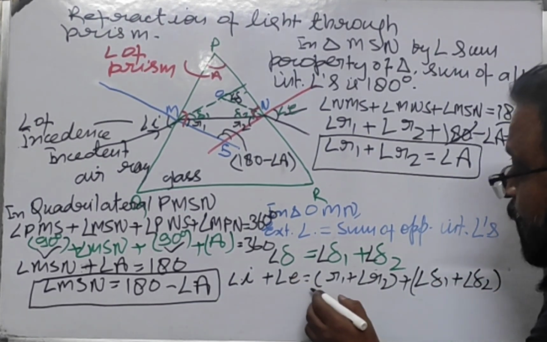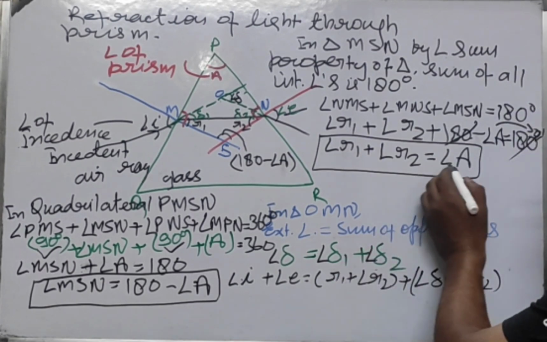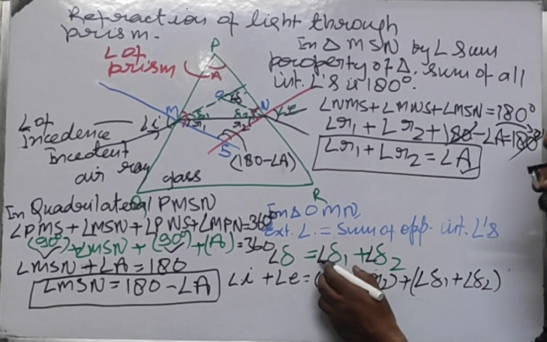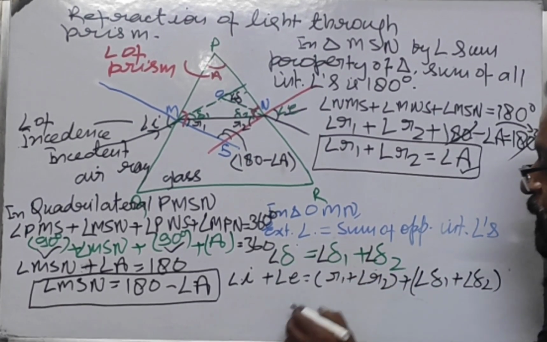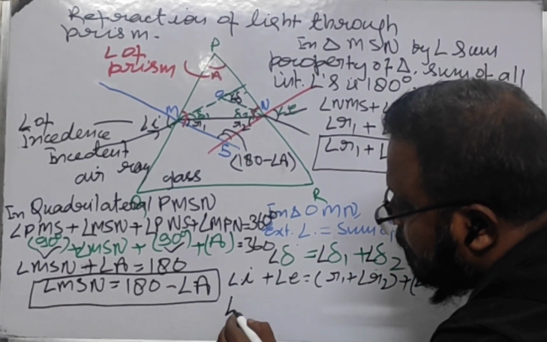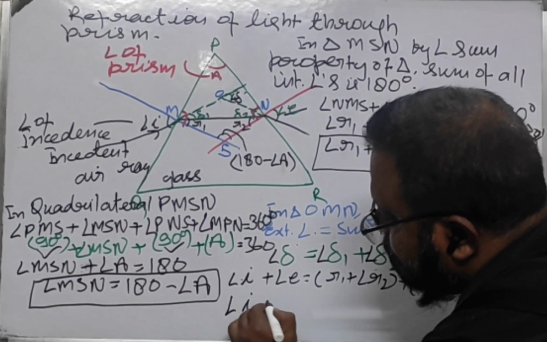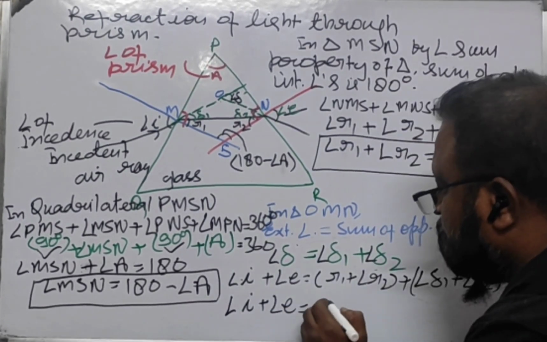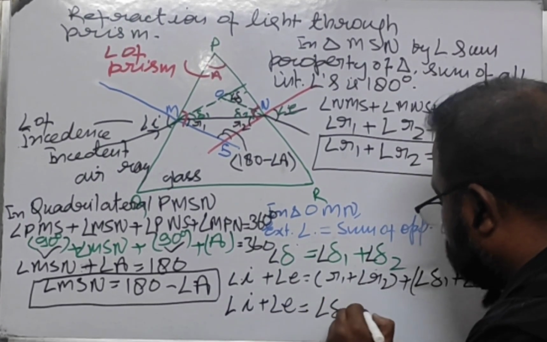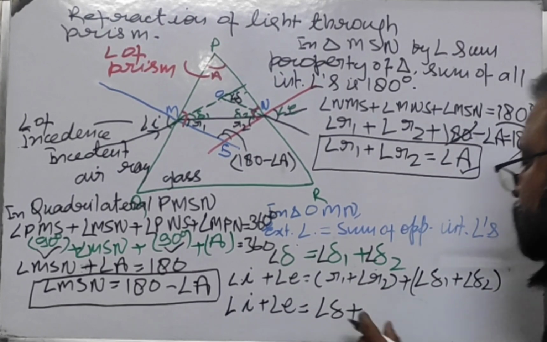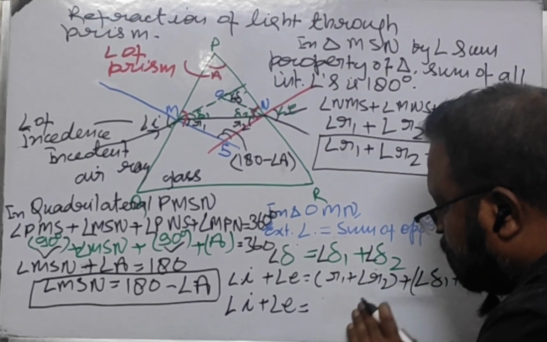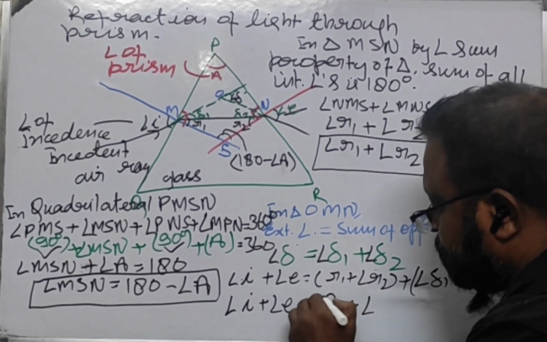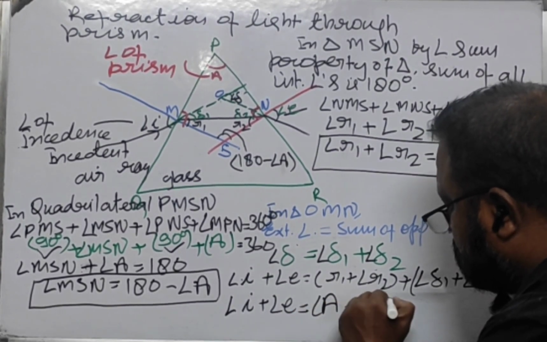So this R1 plus R2 is representing A, and this delta 1 plus delta 2 is delta. So we can say that angle of incidence plus angle of emergence is equal to angle of prism plus angle of deviation, right?